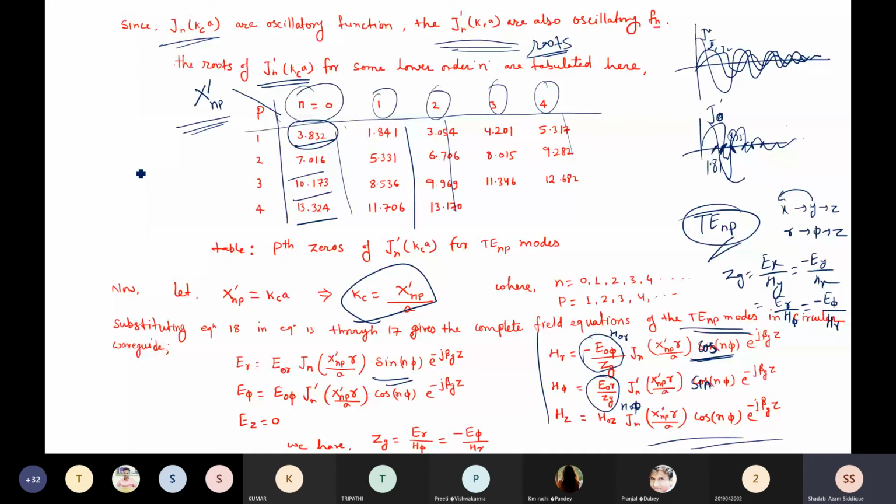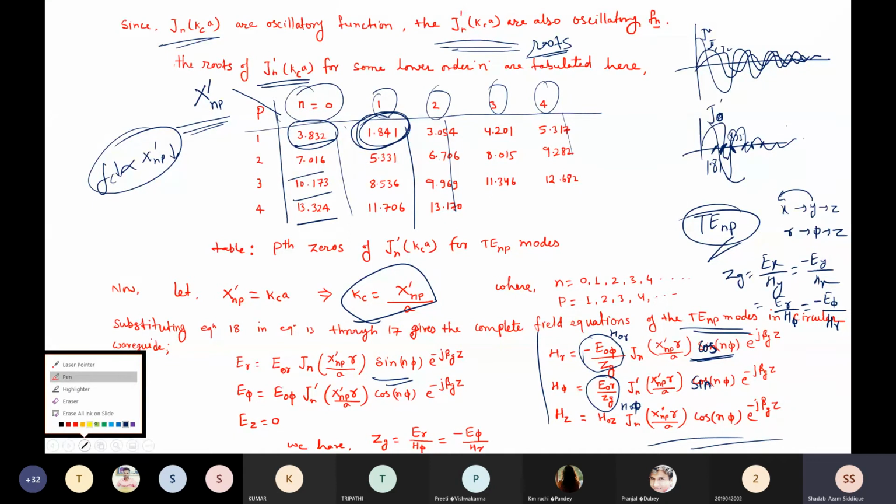In this table, which is the least value? 1.841 is the least value, and it corresponds to n equal to 1 and p equal to 1.